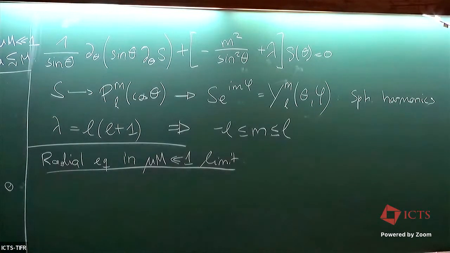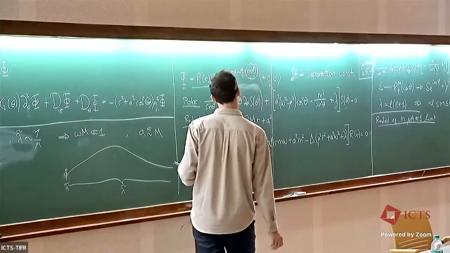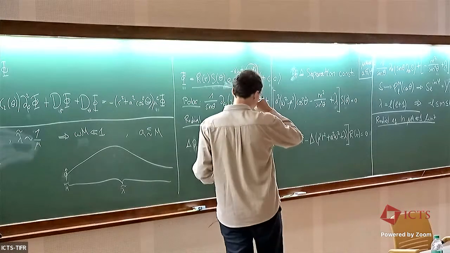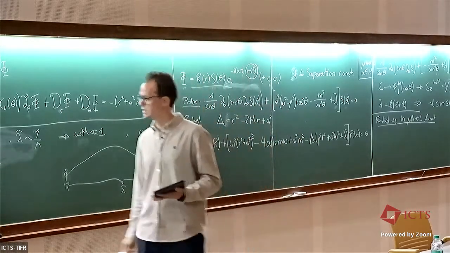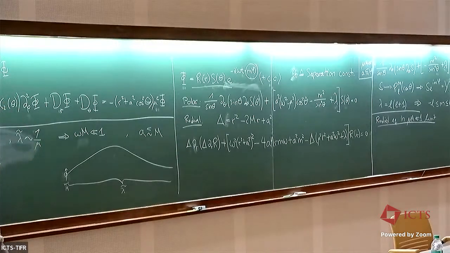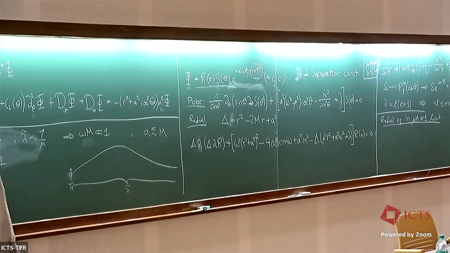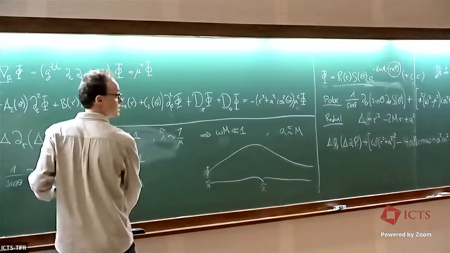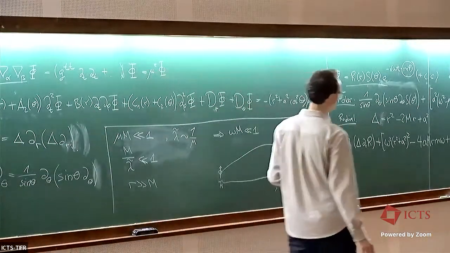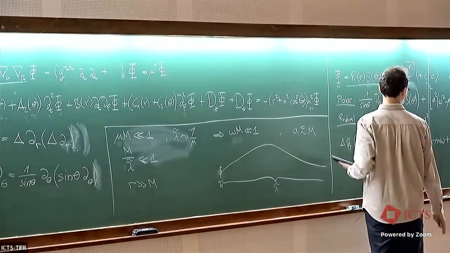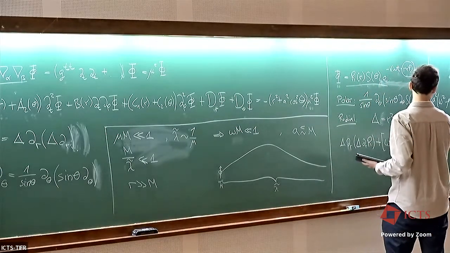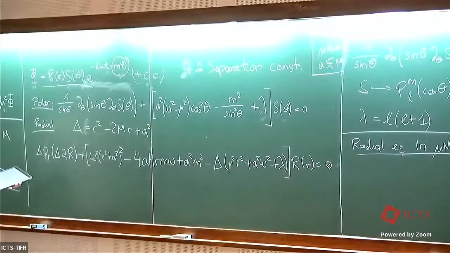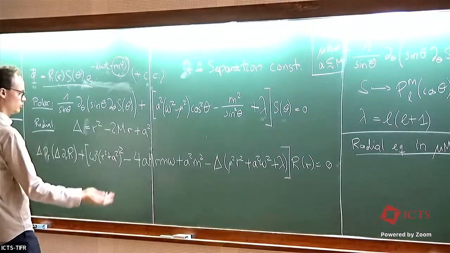So we have a delta, another delta, and then some derivatives. And so the delta goes like this, or is equal to this. And because this assumption that the wavelength of the solution is much larger than the size of the black hole implied that we're looking at large distances, basically here we can just keep the r squared, because this is just a constant. This goes linearly in r, and this goes quadratic in r. So at large distances, the r squared will be most important.